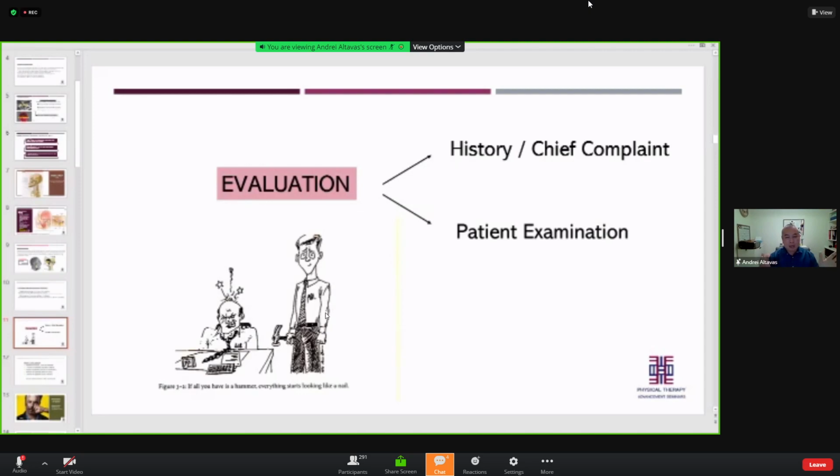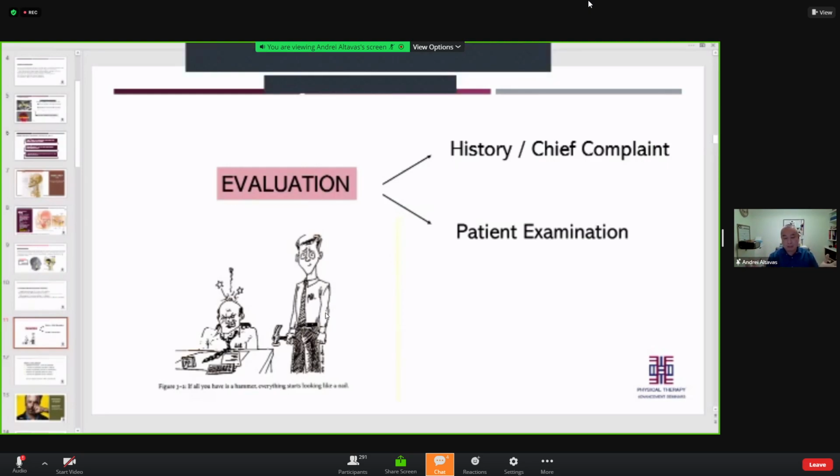I'm sure all of you use the same form for ortho patients or neuro patients or pediatric patients. But if you have a patient with a TMJ disorder, or a patient exhibiting symptoms in the craniomandibular region, you need to know which part of your assessment you need to document.